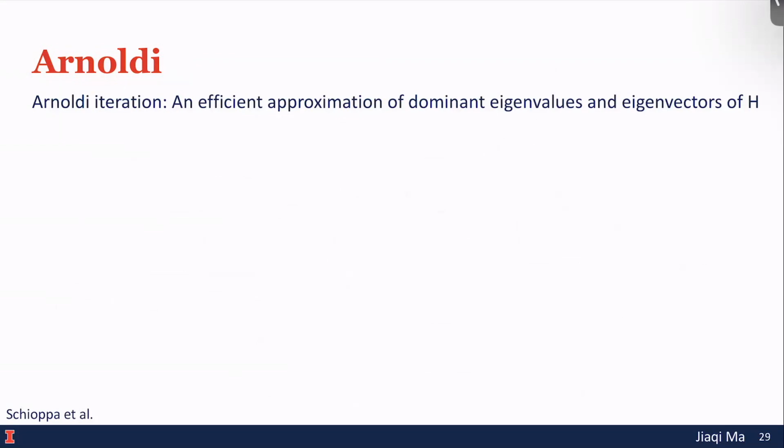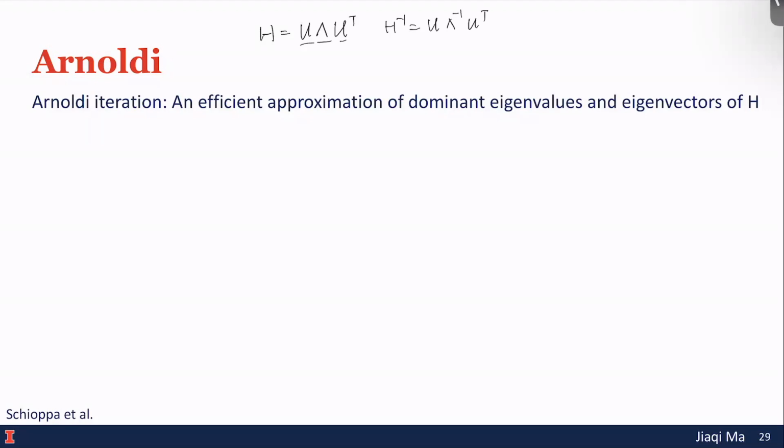If we can do eigendecomposition of the Hessian, suppose we decompose H as U Lambda U transpose, where Lambda is a diagonal matrix and U holds the eigenvectors, then H inverse would be U Lambda inverse U transpose.